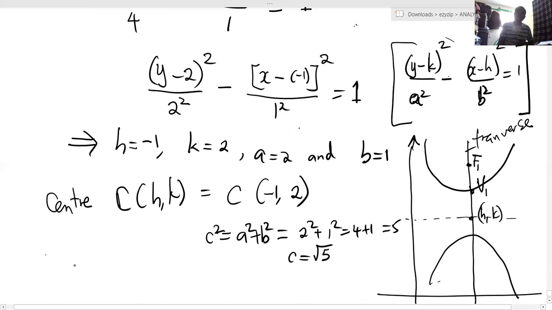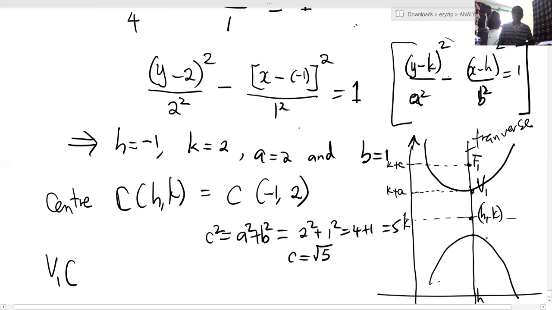So then now, the vertices. V1, for you to read this coordinate here, remember this is h, and then this is k. So this will be k plus a, and this will be k plus c.